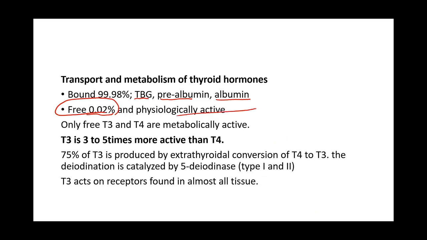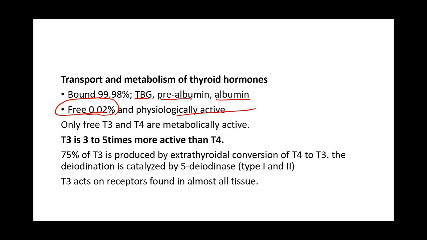You should know it is only the free T3 and T4 that are the metabolically active hormone. And T3 is 3 to 5 times more active than T4. So 75% of T3 is produced by extrathyroidal conversion of T4 to T3.